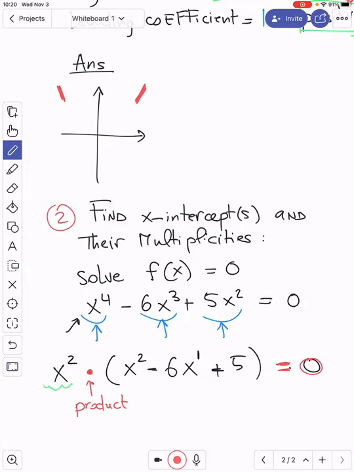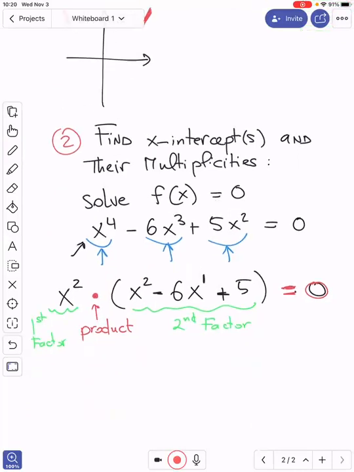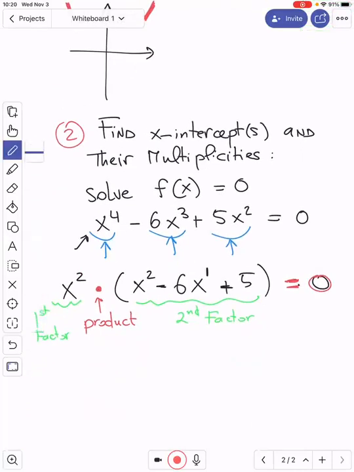So either the first factor, or my second factor is 0. Either x squared is 0, or x squared minus 6x plus 5 is 0.